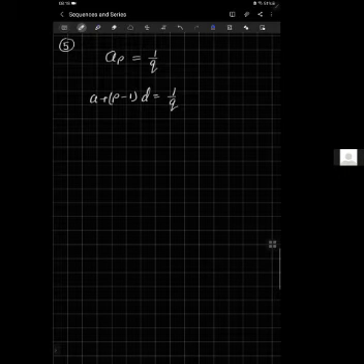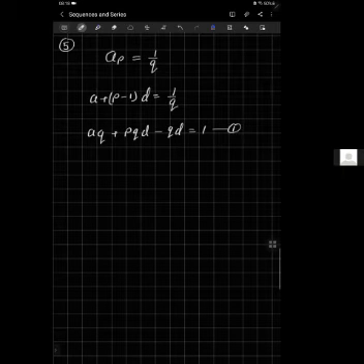Cross multiply. AQ, my mistake, plus PQD minus QD equals 1. This is equation 1. Next, the qth term is 1 upon p.